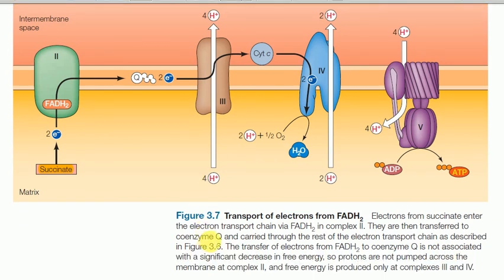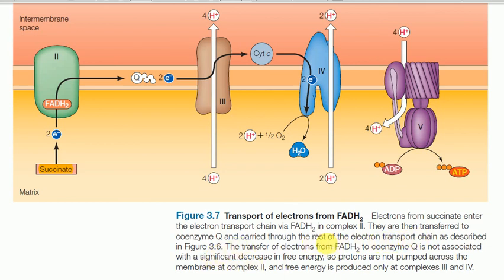So we are saying that electrons from succinate enter the electron transport chain via FAD in complex 2. They are then transferred to coenzyme Q and carried to the rest of the electron transport chain as described in the figure.